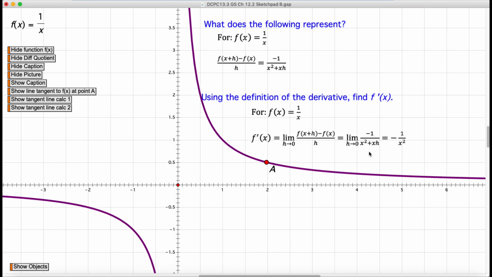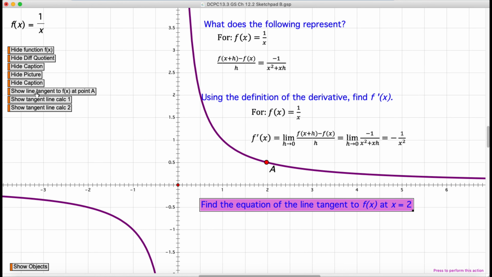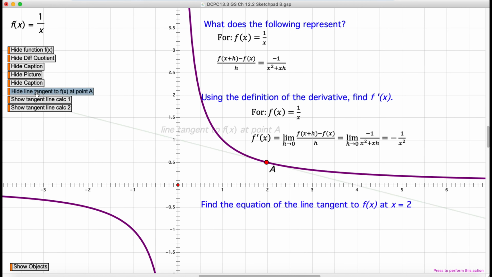What we're going to do right now is find the slope of the tangent line at this point labeled A, and then use that to write the equation of our tangent line at that point. That is at x equals 2.